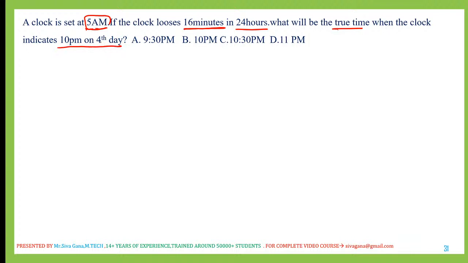First, I am going to calculate the duration from 5 a.m. to 10 p.m. on the 4th day. From 5 a.m. on the 1st day to 5 a.m. on the 4th day is 3 days, 3 into 24.